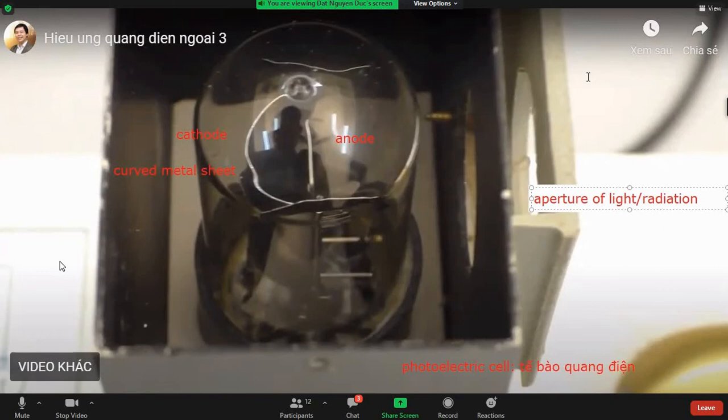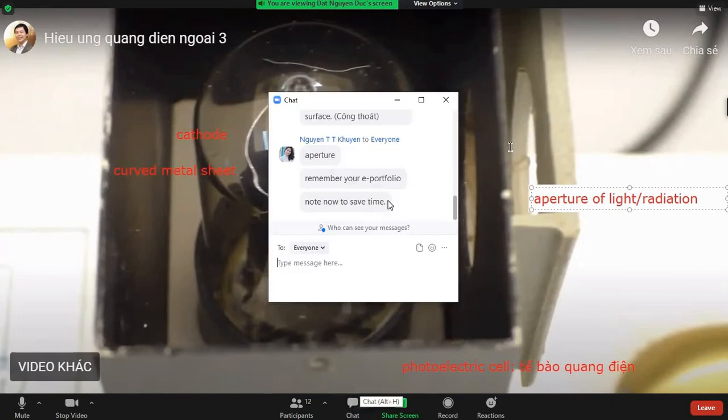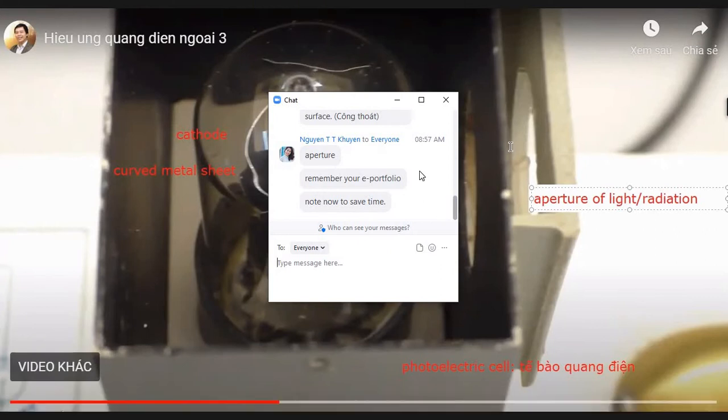Yes, so we need to talk about the objectives of the experiment here. We want to investigate the relationship between the incident radiation, the intensity and the frequency of the incident radiation.